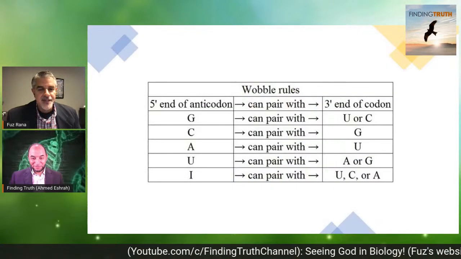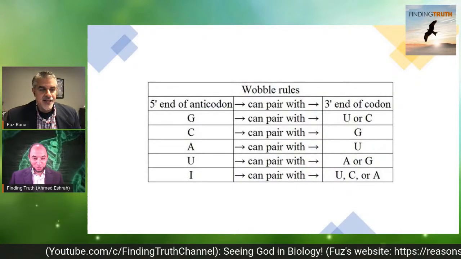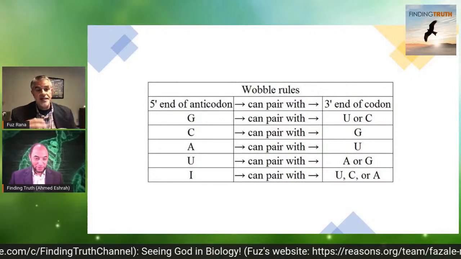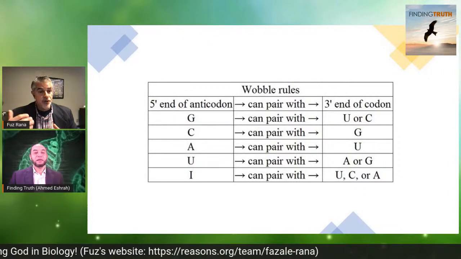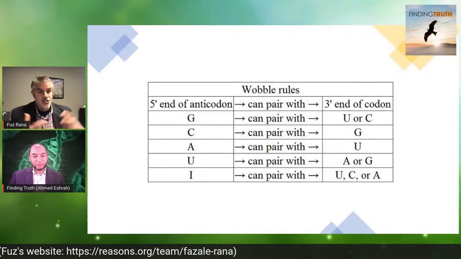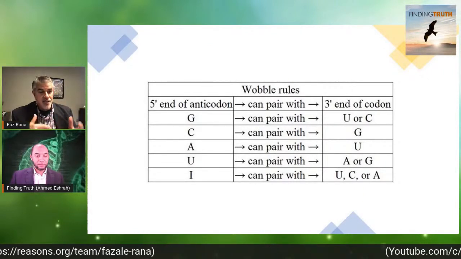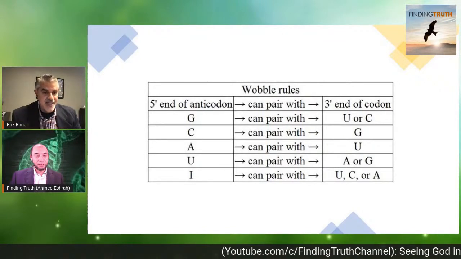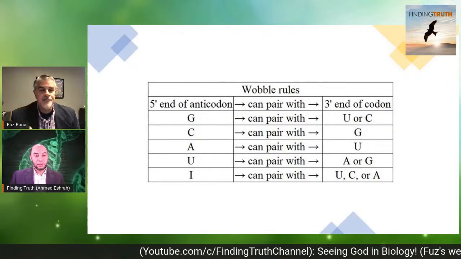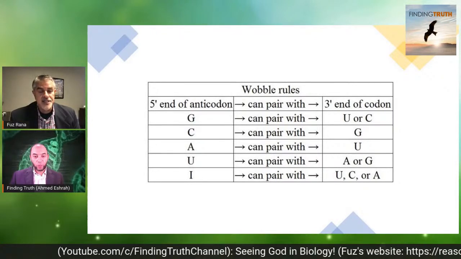And how does this inosine come into play anyway? It's actually incorporated into the transfer RNA after it's transcribed. So it's a post-transcriptional modification, where biochemical machinery chemically alters the nucleotide in that position to produce inosine.